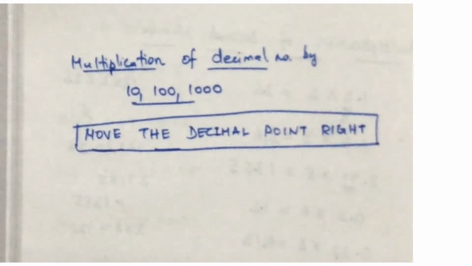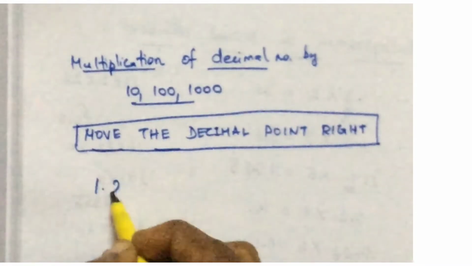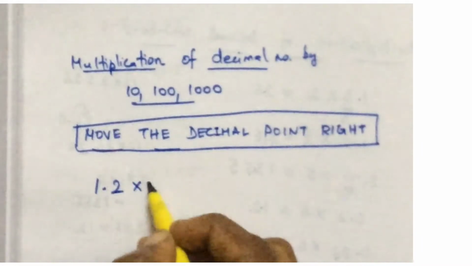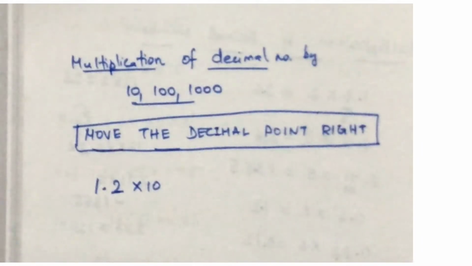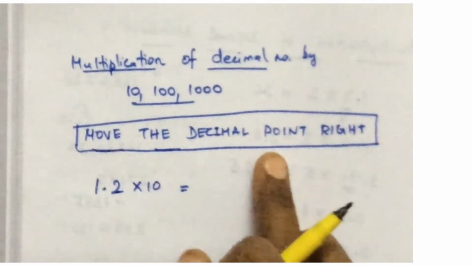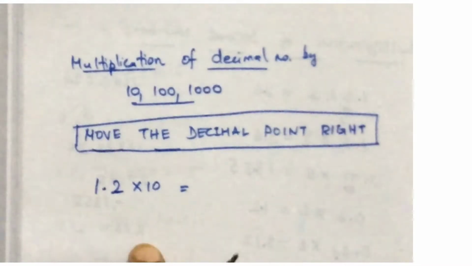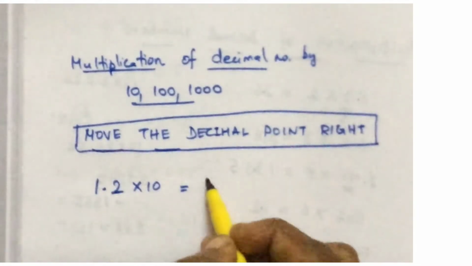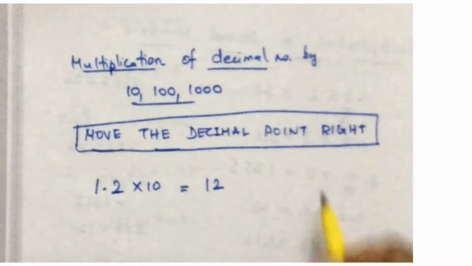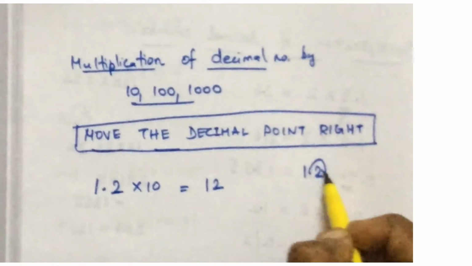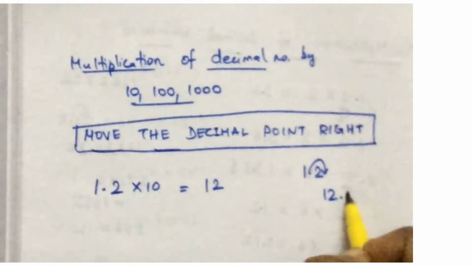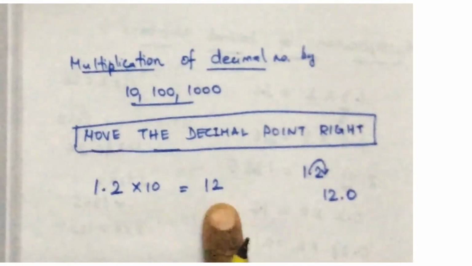For example, I am multiplying 1.2 by 10. 10 has only 1 zero, so you have to move the decimal point 1 digit right. So it becomes 12.0, which is the same as 12.